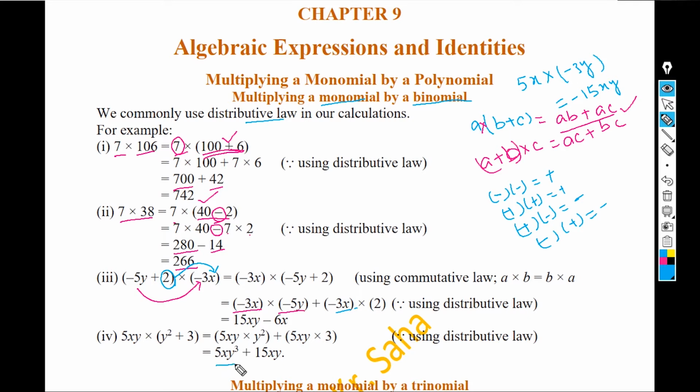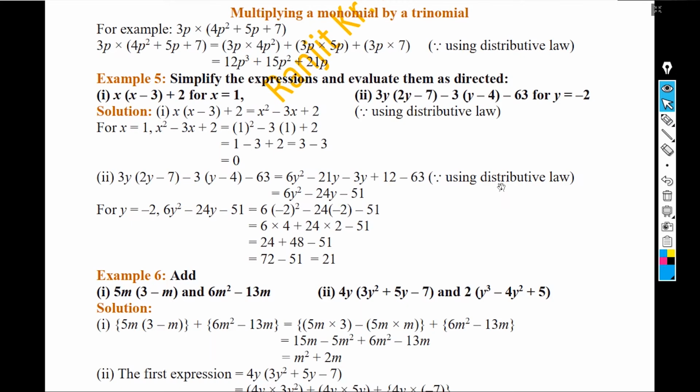5xy cube plus 3 fives are 15. First of all you are multiplying the constants, okay, and then variables, that is xy, it is 15xy. In a similar way you can multiply a monomial by a trinomial.